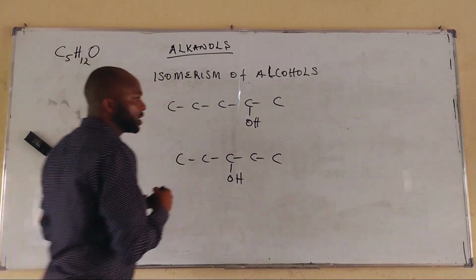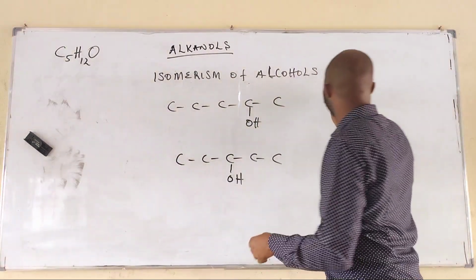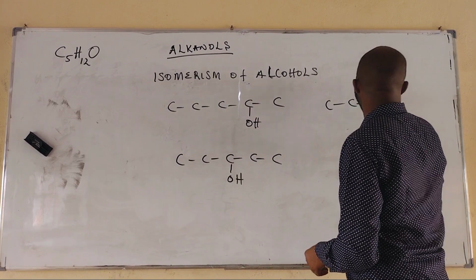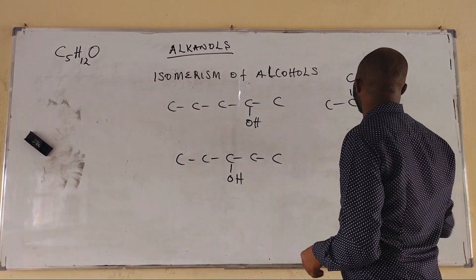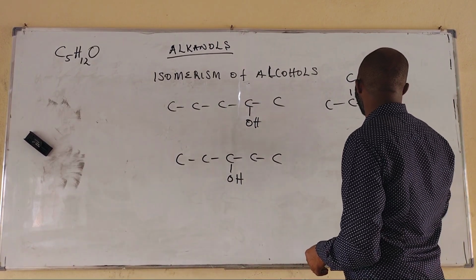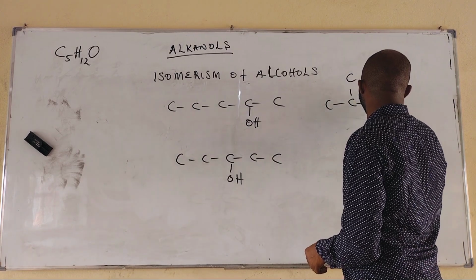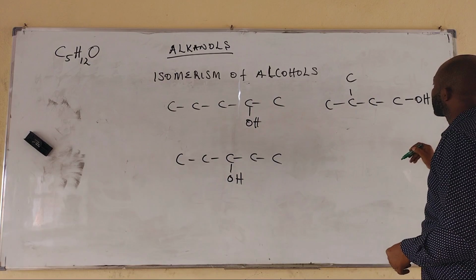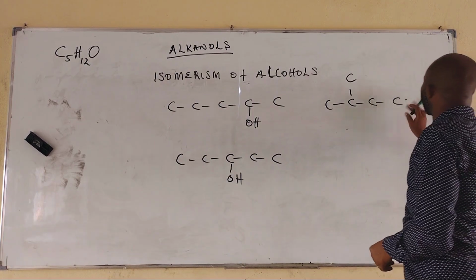And if I have this again, I will name them. Let's say 1, 2, 3, 4, 5 carbon atoms, and I have my OH here. Put my OH here, this is primary, sorry. This is secondary.